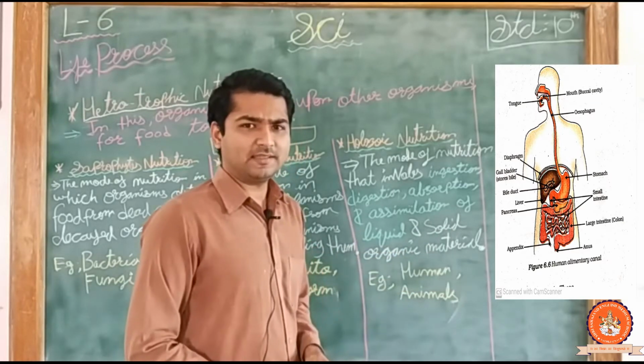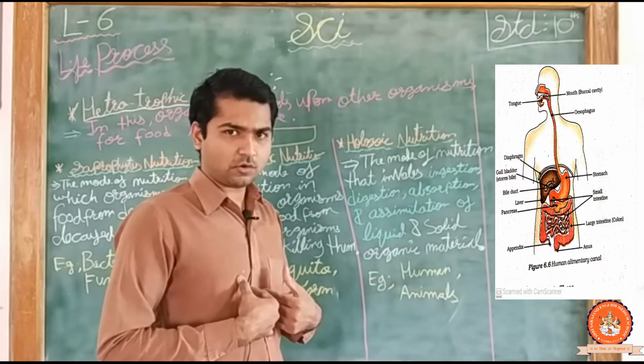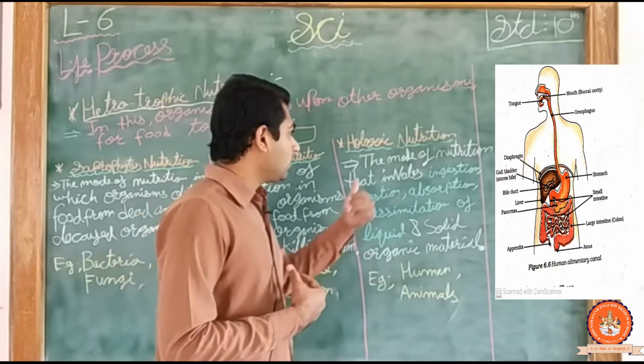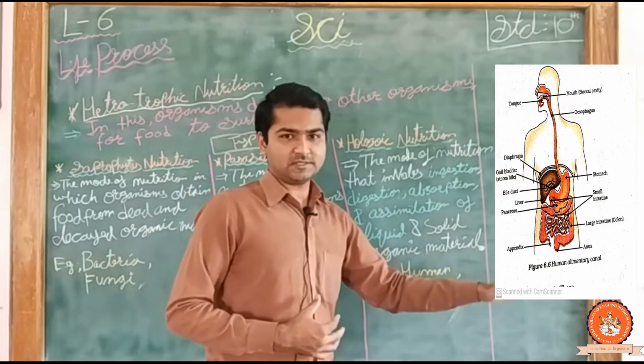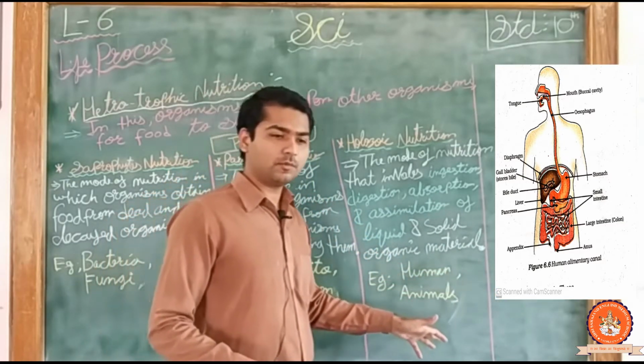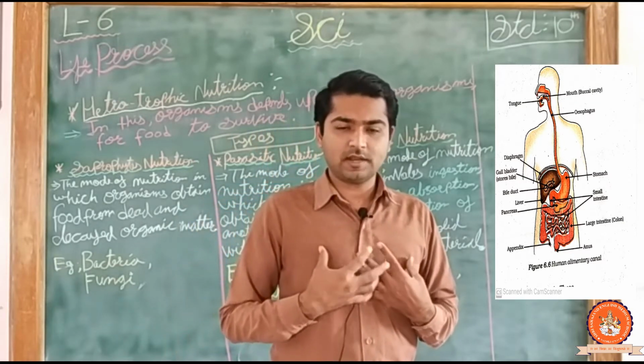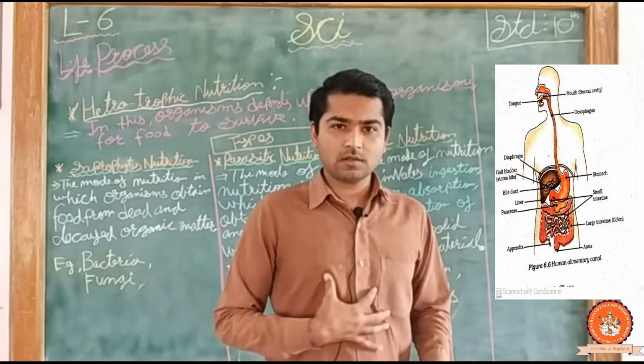It can be anything, solid or liquid, when you ingest it in your body. So humans and animals are the examples of holozoic nutrition. What do humans do? Humans ingest food through the mouth, then it is digested in the stomach.